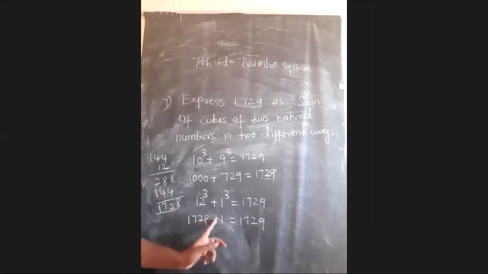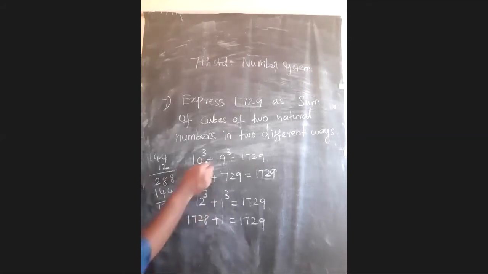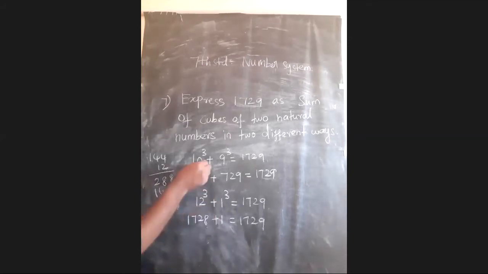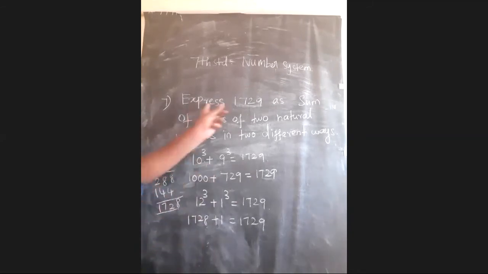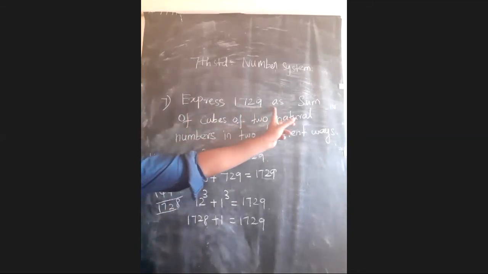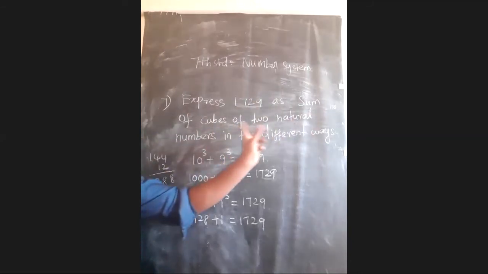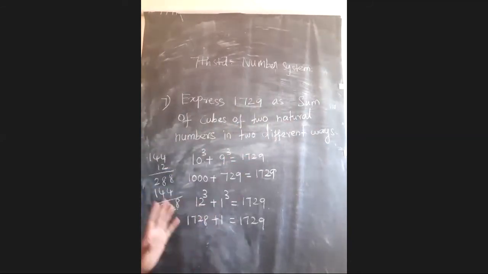So 1728 plus 1 is equal to 1729. Okay. See, let me explain. Some students are saying, sir, we are not able to understand the question. One more time. Express 1729 as the sum of cubes of two natural numbers.